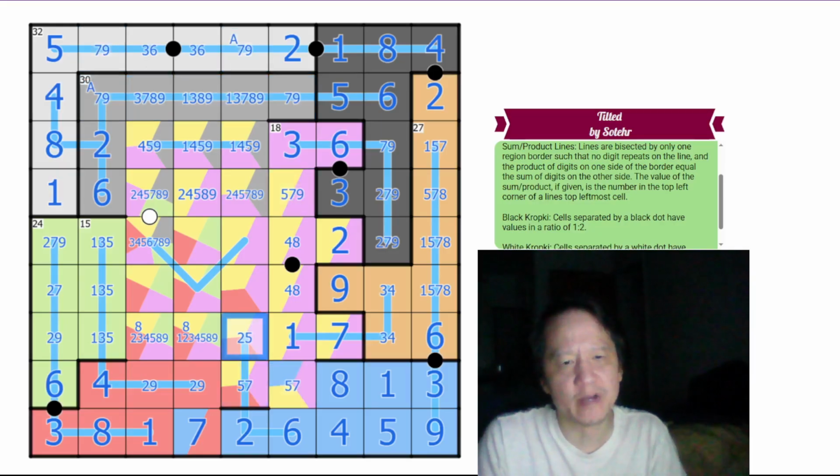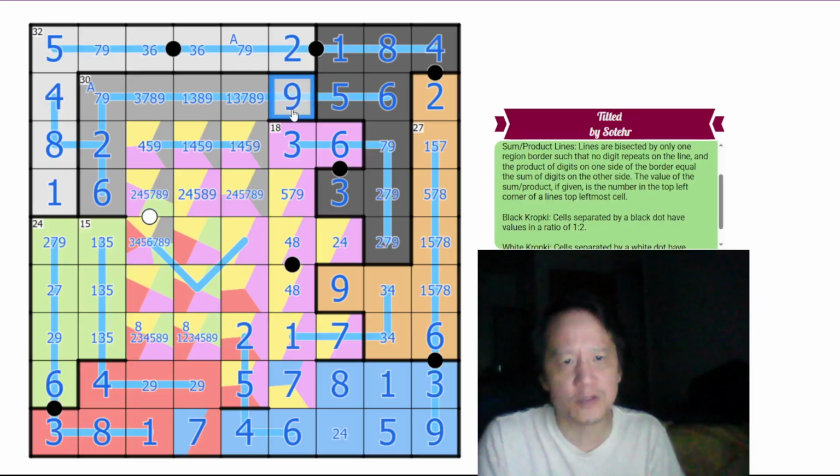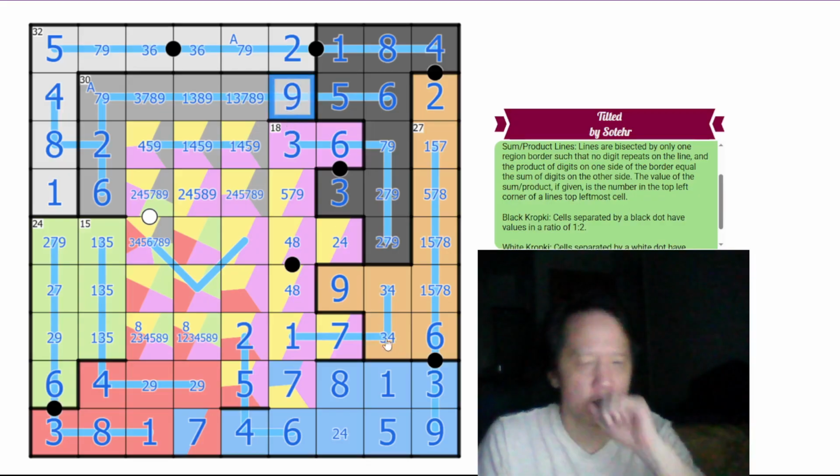But that's from bifurcation, right? So the possibilities for this cell. So if this is 2 and 5, 4, this is 7, that makes us 9. Oh, this was 9 either way. Okay.